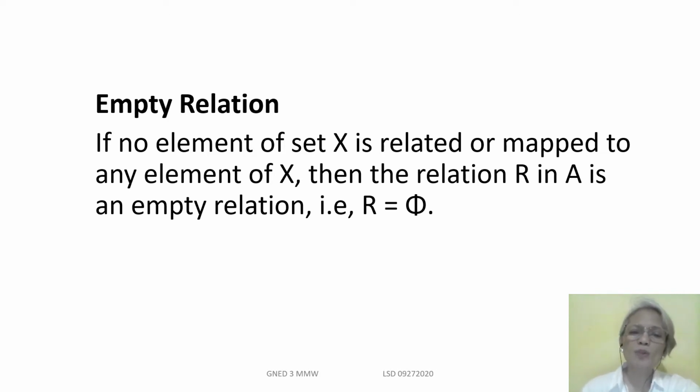Suppose we have the set X where the elements are parents, and set Y where the elements are children. A couple who do not have any children will have an empty relation with the set Y, simply because this couple do not have kids. So that's an empty relation.